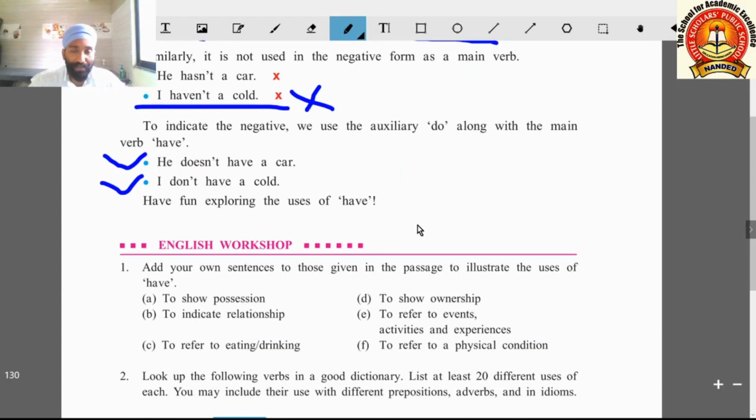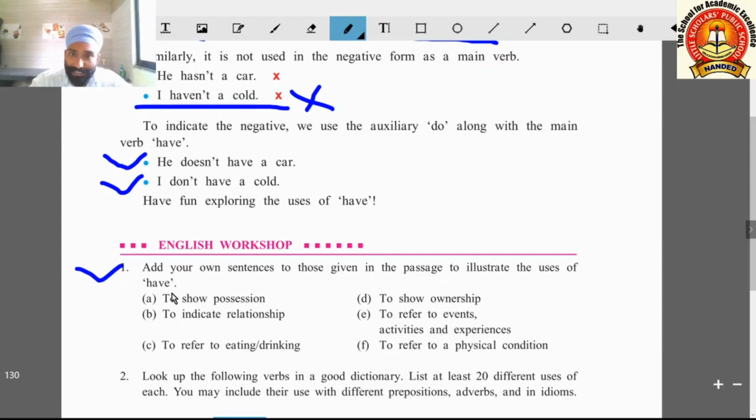Here we have seen how to use have as a main verb, and now it is time for the exercise, English workshop. First question: add your own sentences to those given in the passage to illustrate the uses of have.